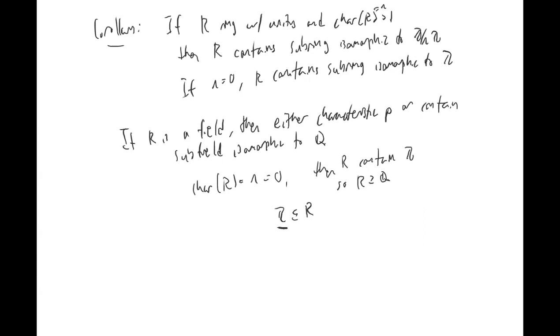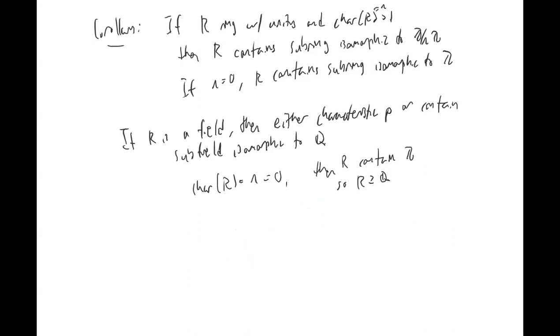If you have n, you must have 1 over n. R is closed under addition, so you get 2 over n. Basically, with addition and inverses, you get p over q for any p and q. So you must contain the rational numbers.